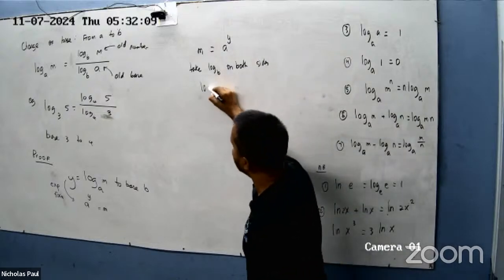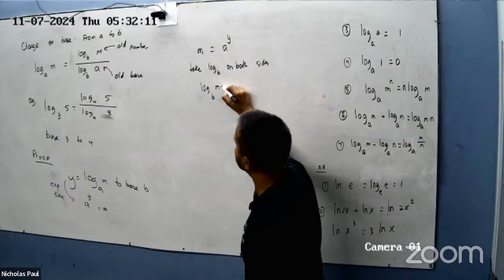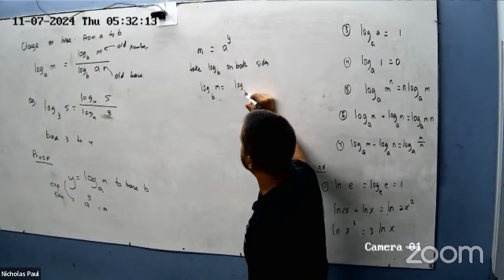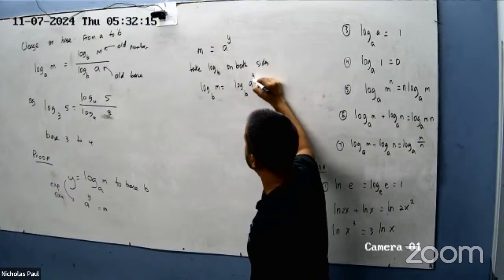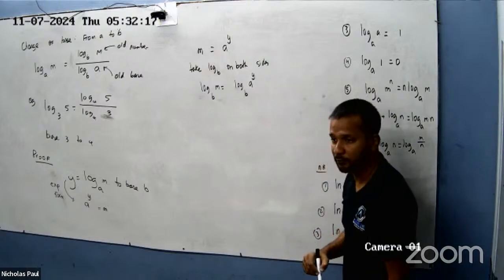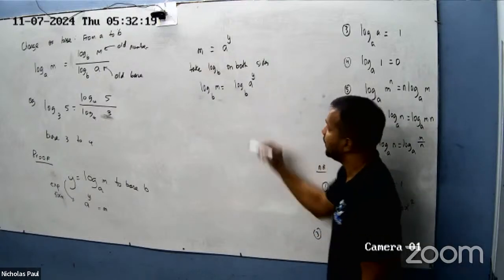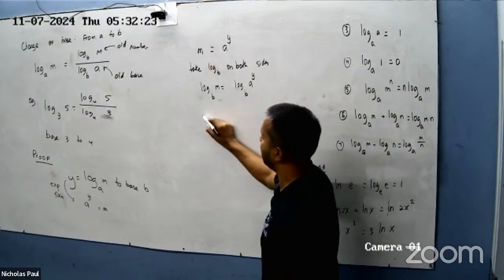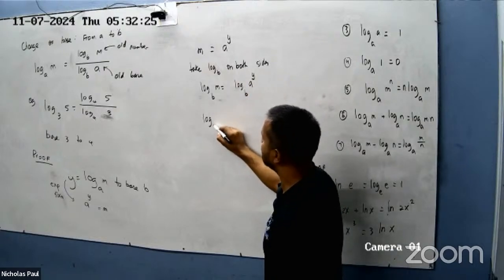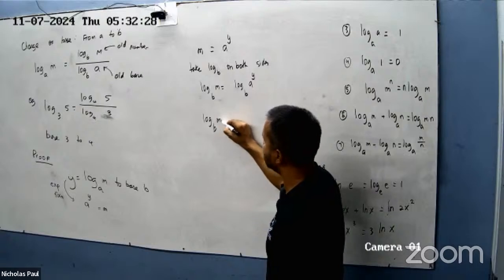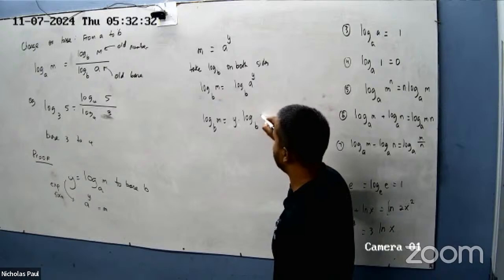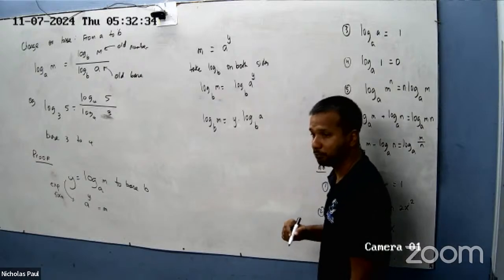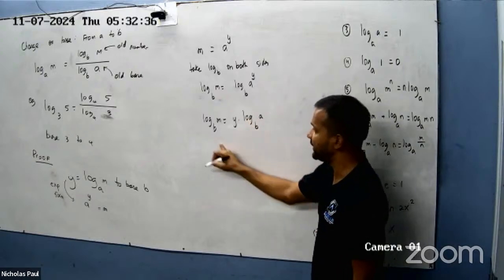I will get log to the base b of m is equal to log to the base b of a, all to the power of y. But what will I do with this y? I can bring it in front, right? So I'll get log to the base b of m is equal to y times log to the base b of a.